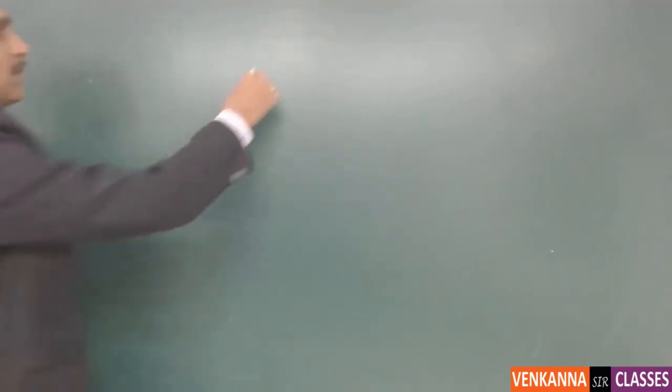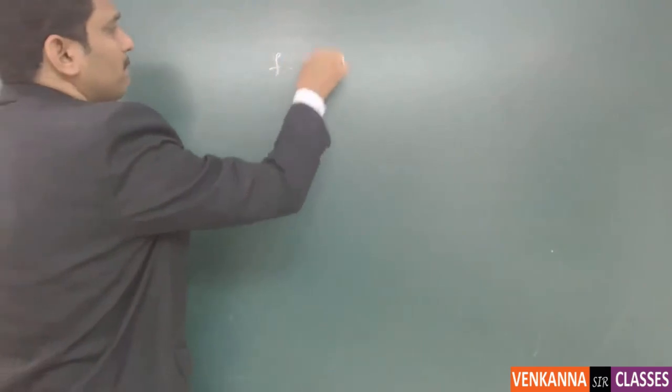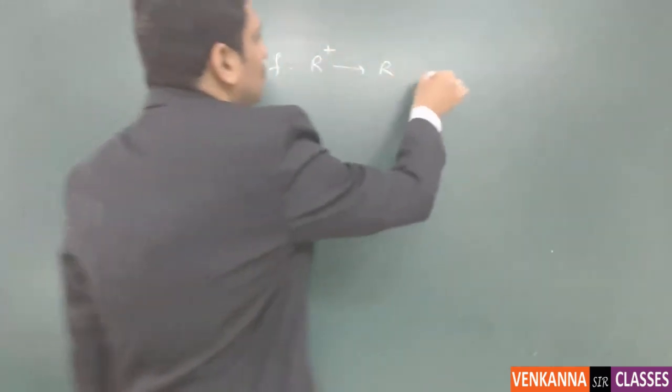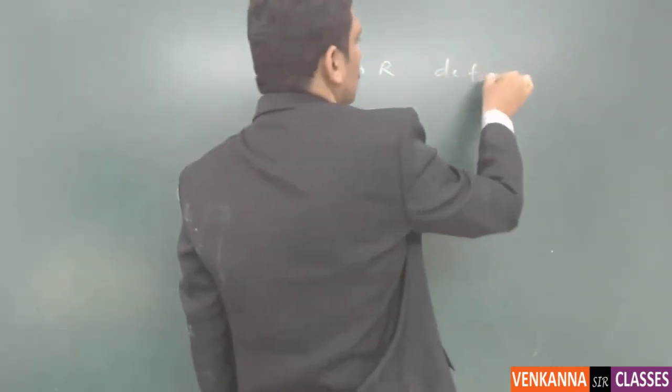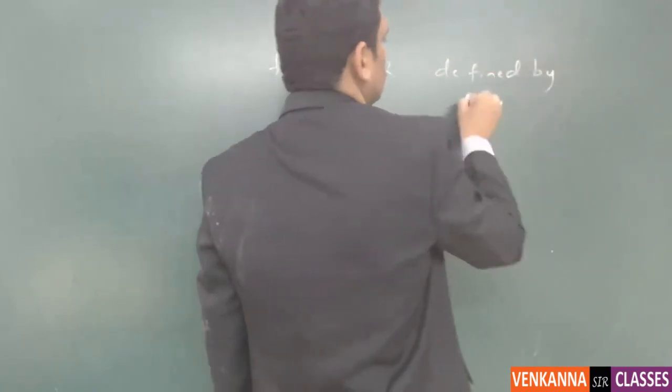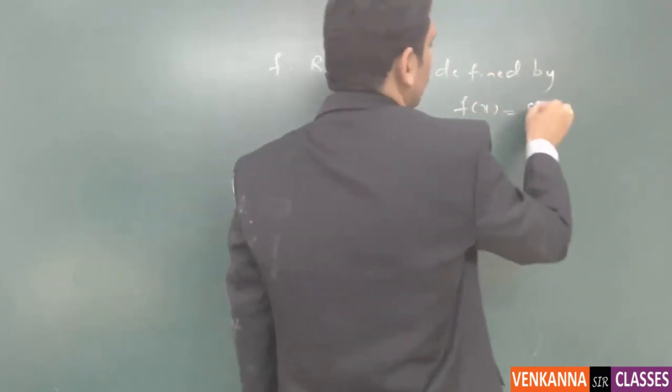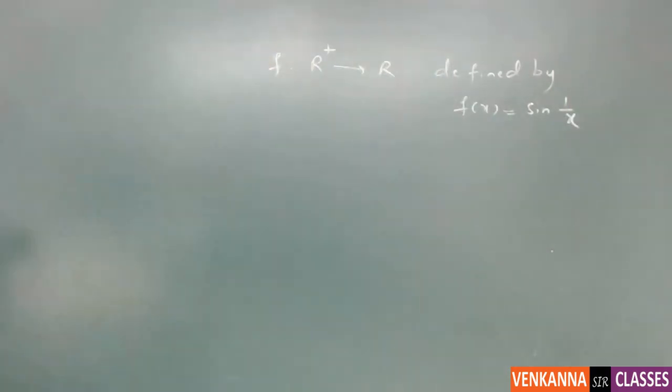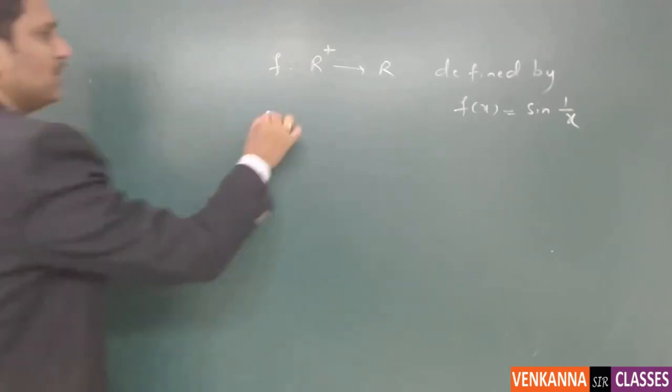So you take f from R plus to R defined by f of x is equal to sine 1 by x. And I am saying that it is not uniformly continuous.